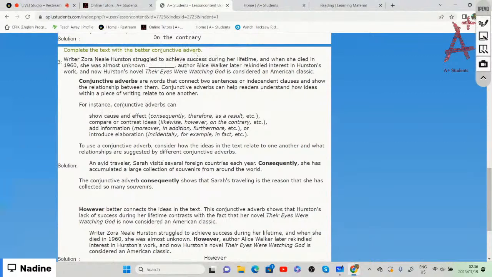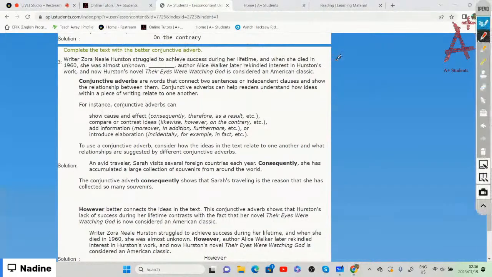Now, the next sentence shows that, apart from her struggling, her book was considered an American classic, which means we are now making a comparison between the two ideas. So if we make a comparison between the two ideas, we can use however.